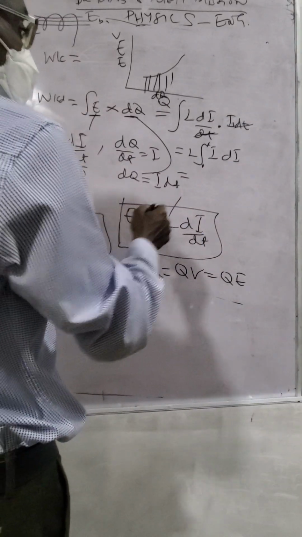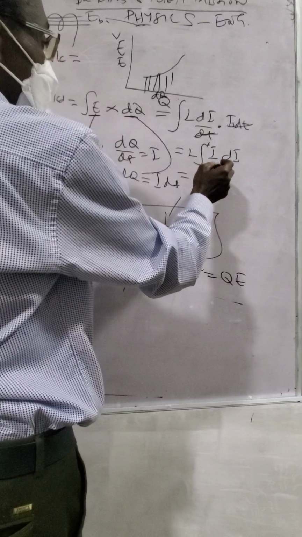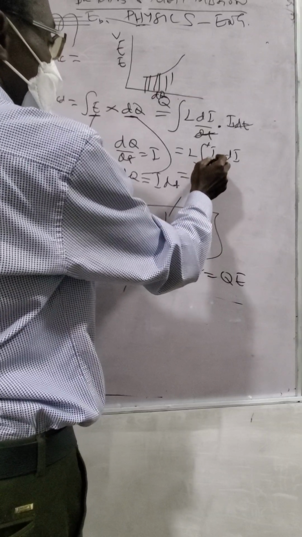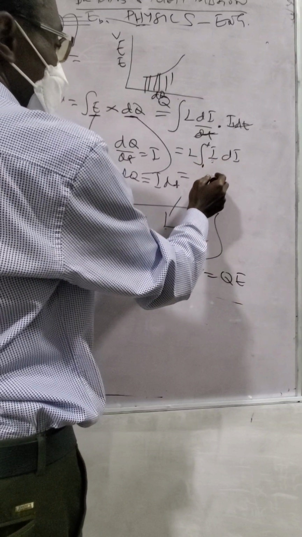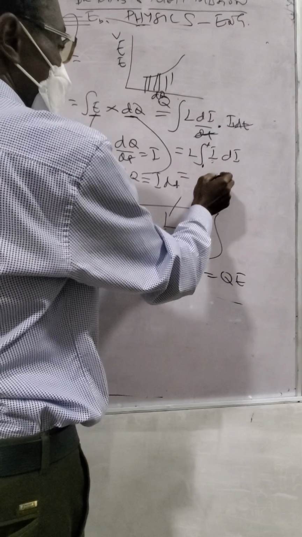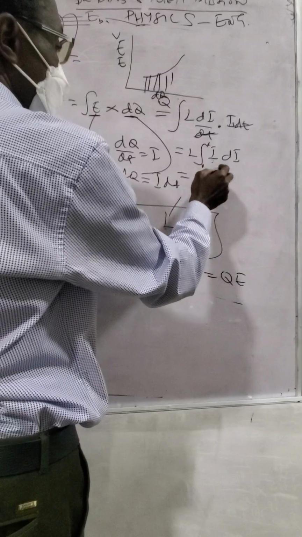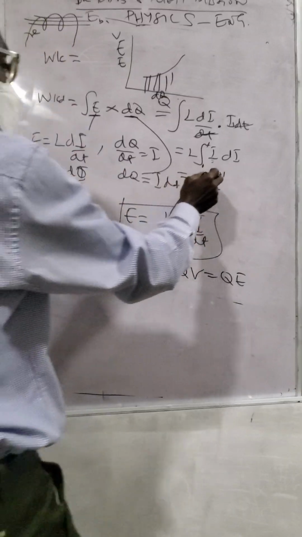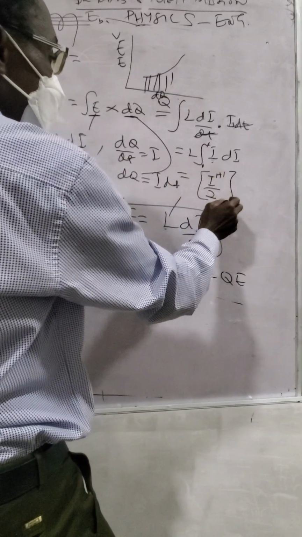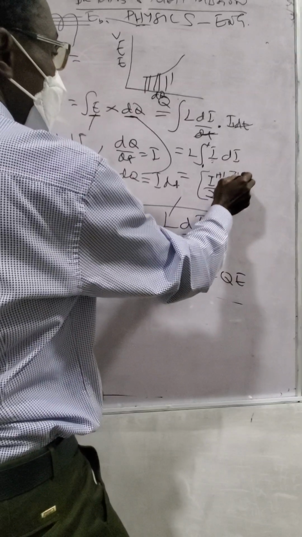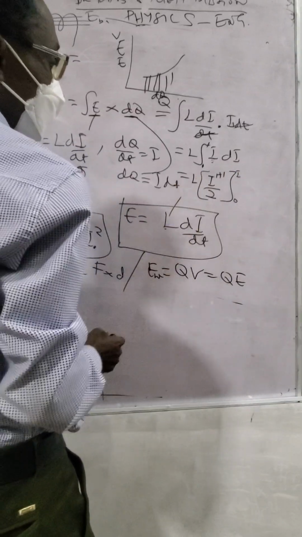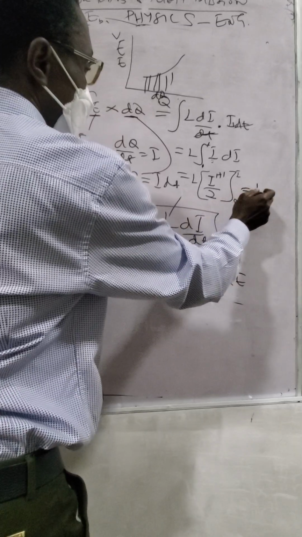When you do that, what do you think will be the answer? We can do the integration. If you integrate I, we are going to get I to the power 1 plus 1, divided by 2, from 0 to final I, times L. So this comes out as half.